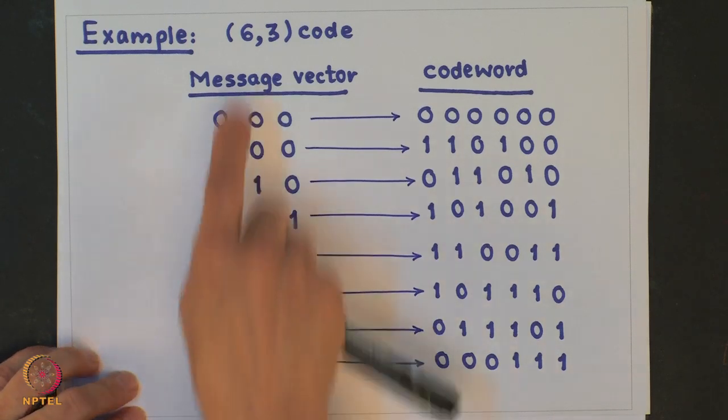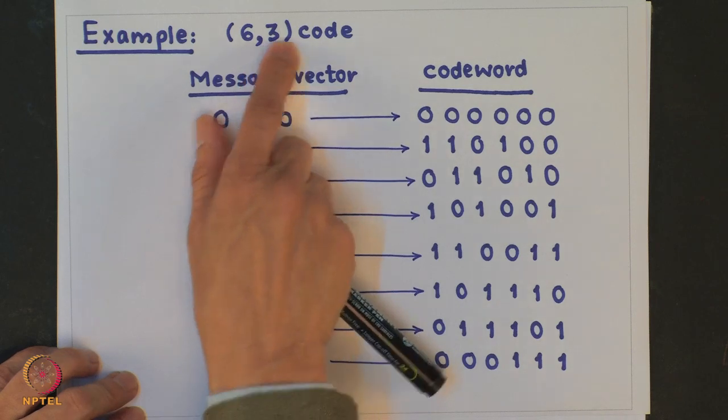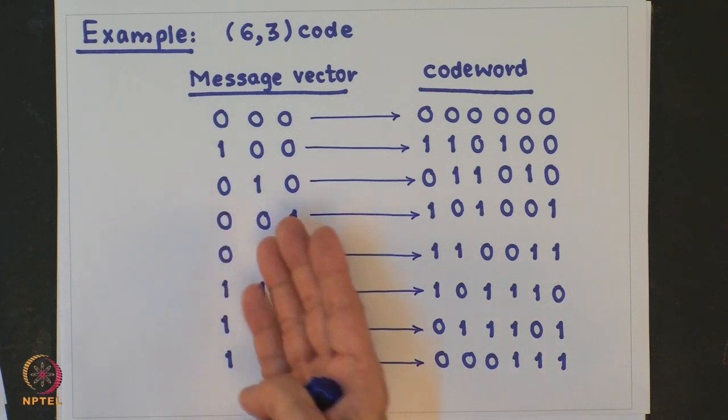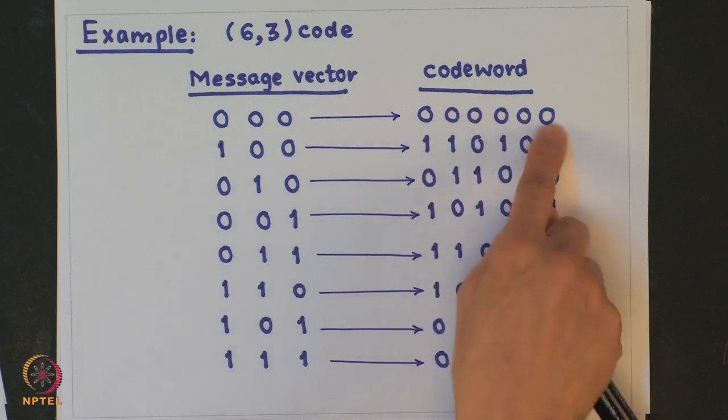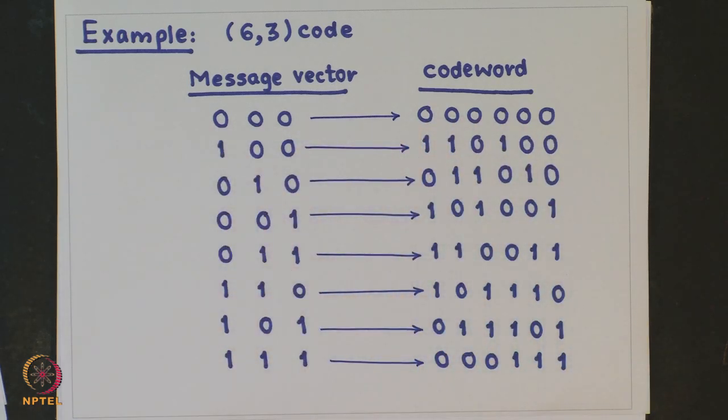Now, suppose, for example, instead of (6,3), I had a (127,92) block code. In that case I would have 2 raised to 92 code words or code vectors. Now, obviously the job of the encoder is to assign one code word to each message vector.